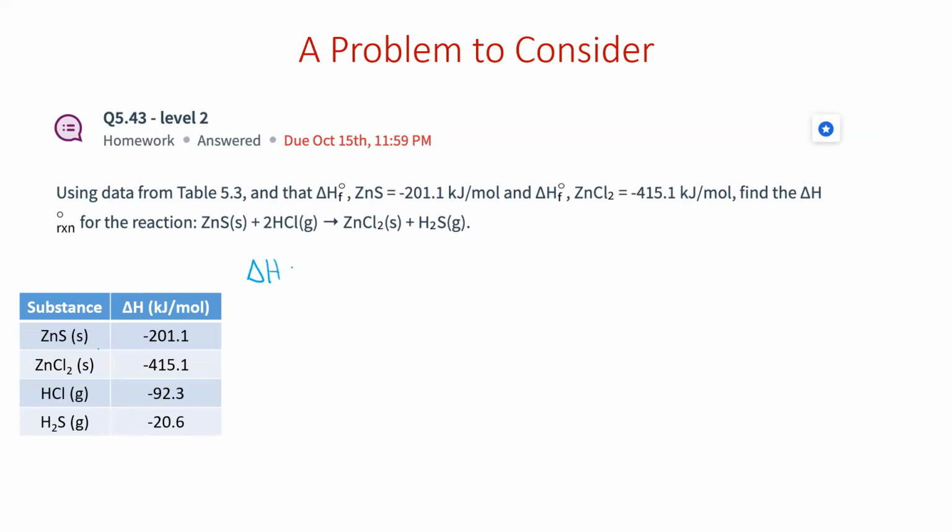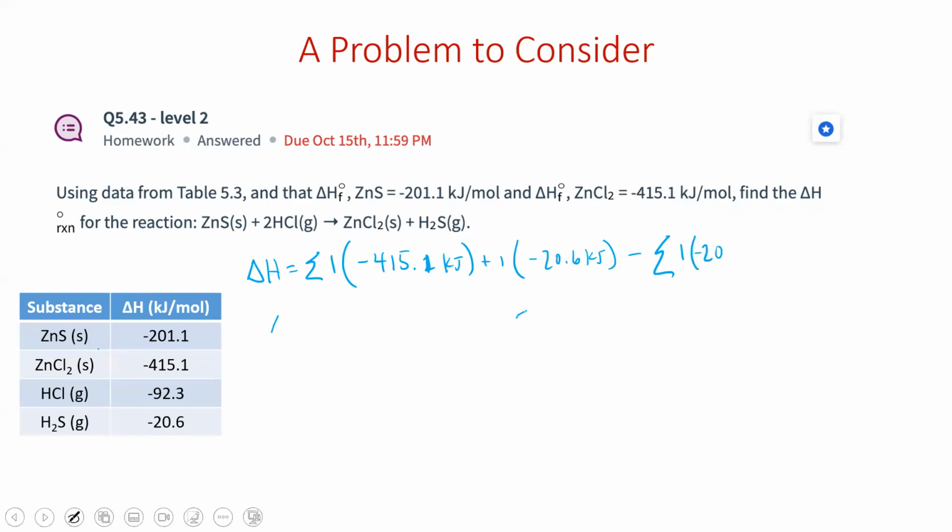All right, so our delta H equals the sum of, I've got 1 mole of zinc chloride. Zinc chloride is minus 415.1 kilojoules plus 1 mole of hydrogen sulfide, that's minus 20.6 kilojoules, minus the sum of, I've got zinc sulfide, 1 mole of that at minus 201.1 kilojoules, and then I've got 2 moles of HCl, and HCl is minus 92.3 kilojoules.